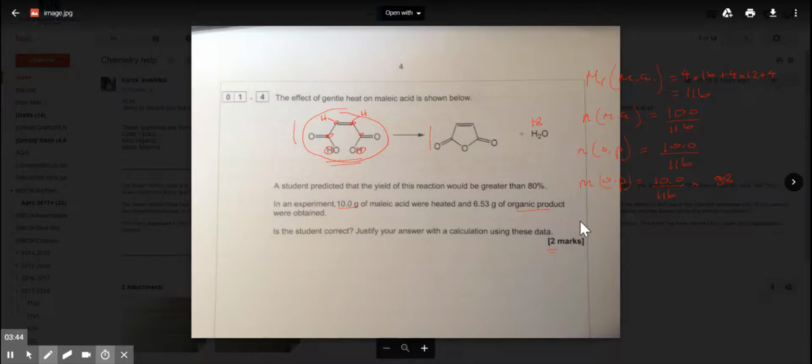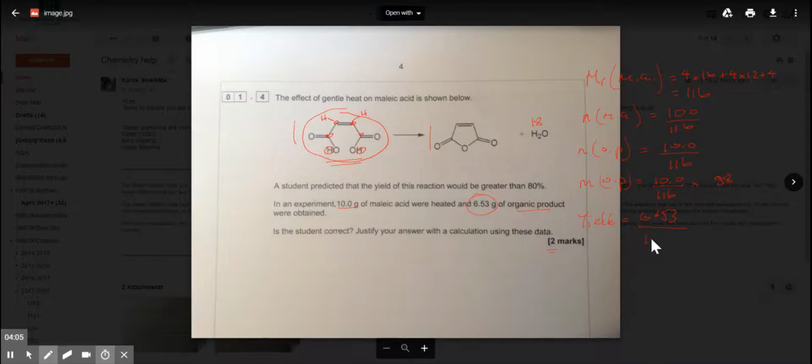So the actual yield in grams. The yield is the actual mass. Actual mass is the 6.53, divided by our theoretical mass, or maximum mass, which is this one here.